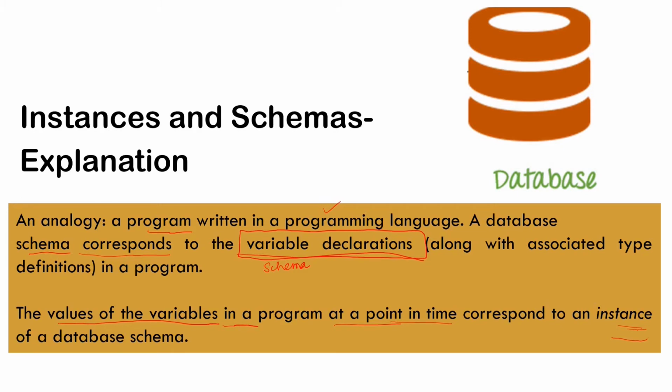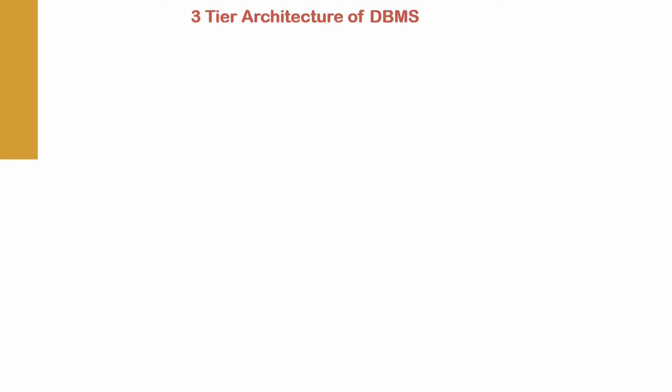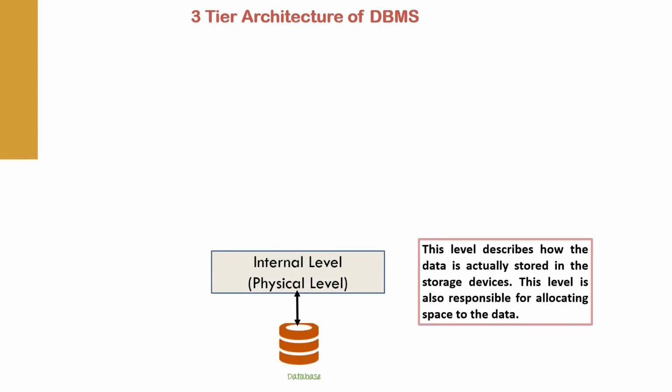Okay. Now we will move to the most important part of today's lecture, that is the three-tier architecture. See, whatever data items we are storing will be stored in the hard disk. But the hard disk is operated by the operating system, and the OS understands everything in terms of files. So whatever data you are storing in the database will be stored at the physical level in the hard disk in terms of files.